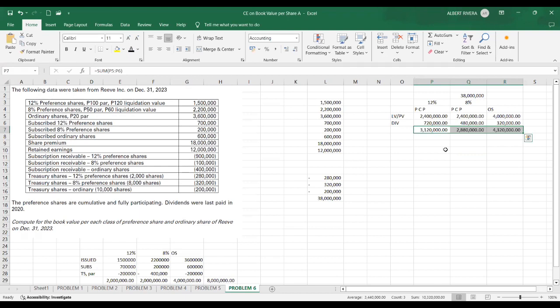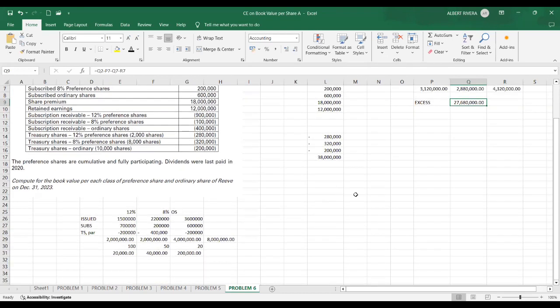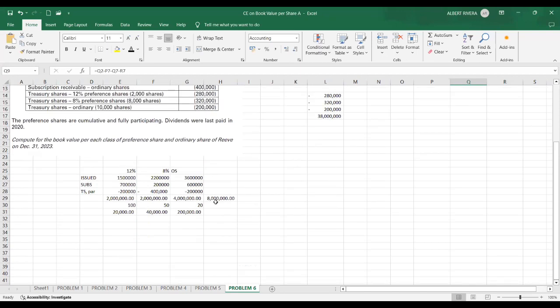Okay, again, objective is to compute for the excess. And the excess is 38 million minus 3.12 minus 2.88 minus 4.32. And this is 27,680. If you want to get the allocation factor, this should be 27,680 divided by the aggregate par of 8 million.